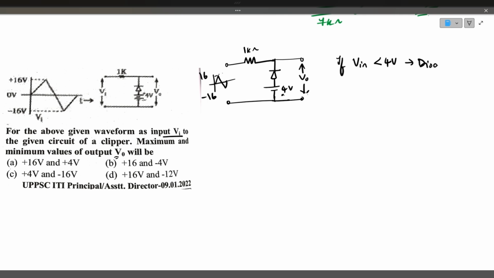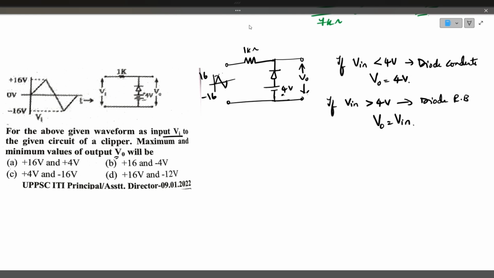The diode acts as closed switch, diode conducts, and output is equal to 4 volts. Similarly, if input voltage is greater than 4 volts, then diode is reverse biased, acts as an open switch. So output voltage is nothing but input voltage.